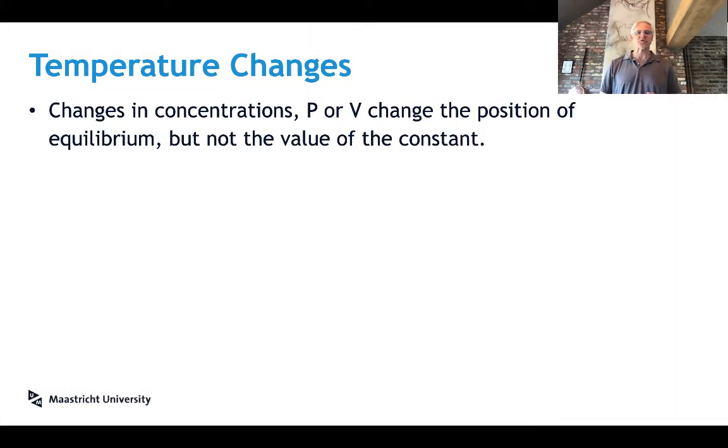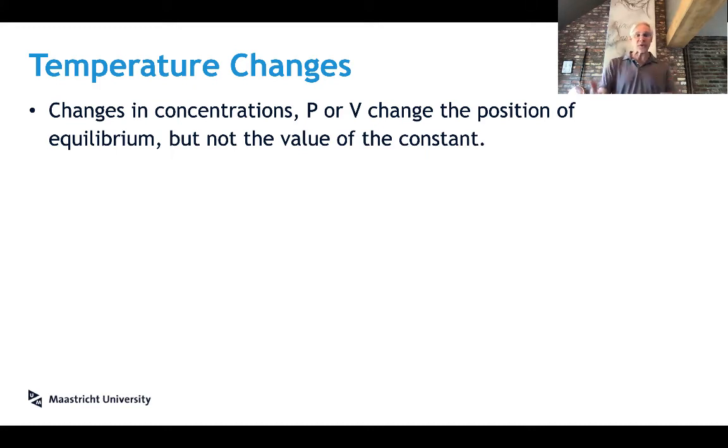So what about temperature changes? Now, when we change concentrations or change pressure or volume, we change the position of equilibrium, but we haven't changed the constant. So when those types of changes throw a reaction out of equilibrium, the equilibrium that it settles back at will still have the exact same equilibrium constant value.